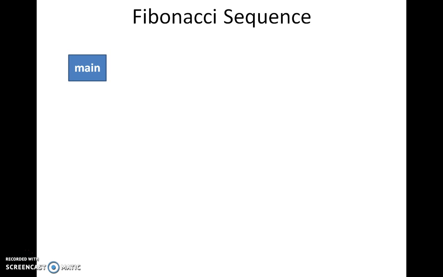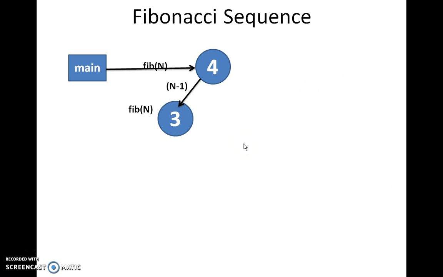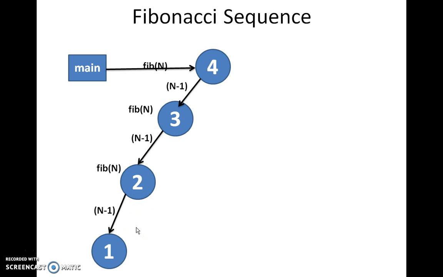We'll see what the recursive call tree looks like for Fibonacci of 4. First, for Fibonacci of n where n is 4, 4 is not less than or equal to 1, so the call Fibonacci of 3 is made. Then Fibonacci of 2 is also not less than or equal to 1.